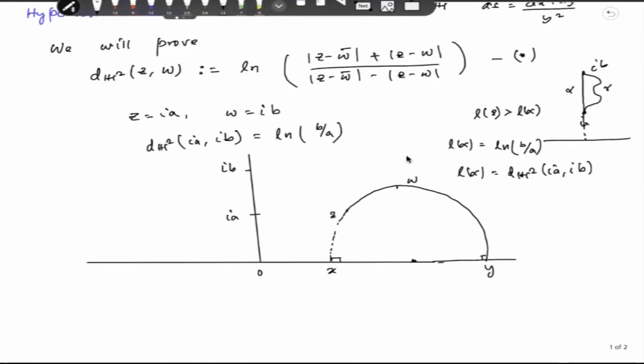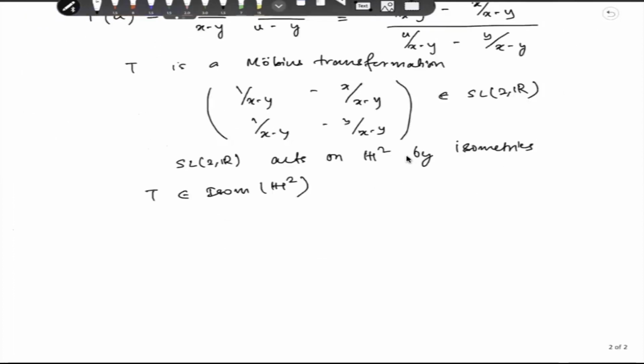If I call this semicircle C, this isometry T takes C to the imaginary axis.